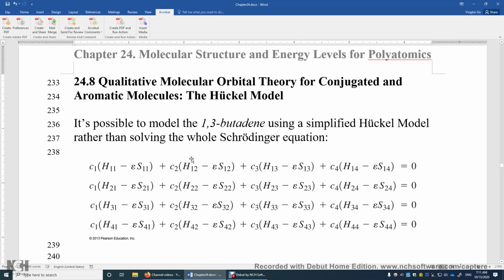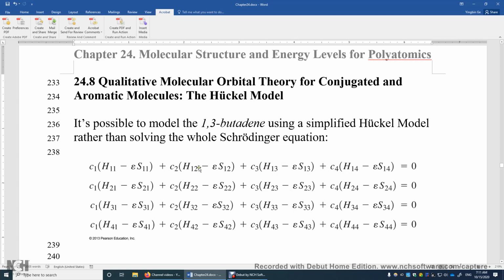The mathematical form of this one is the integral of phi 1 times the Hamiltonian being applied to phi 2. So really it's the 2p orbital of carbon 1 times this Hamiltonian being applied to the 2p orbital of carbon 2. So over here this is between 1 and 3, and then 1 and 4, 2 and 1, 2 and 2, 2 and 3, 2 and 4, etc., etc.